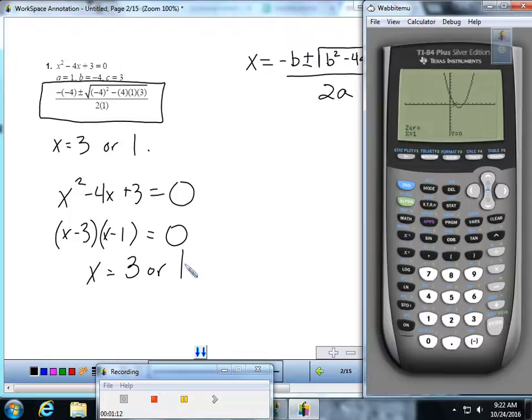That's what we wanted. Do it again. Second, trace, zero. Hit enter. Scroll above the line. Hit enter. Would you like for me to take a guess? Yes. X equals 3. Do you see the 3 ways that you can do these? It's completely up to you.